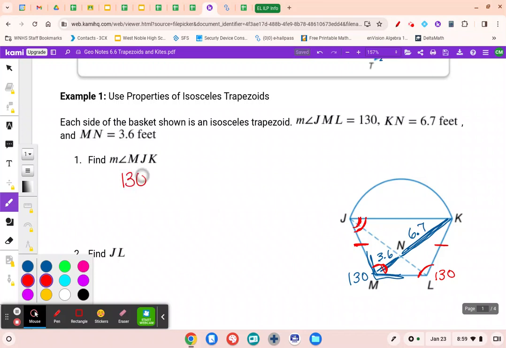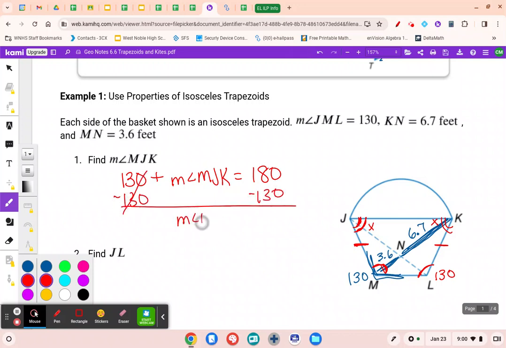Because this is still a four-sided shape, we know that the total degrees in this trapezoid is 360. So if you preferred, you could call both of these angles x, because they must also be the same, and say x plus 130 plus 130 equals 360. Or you can do this sort of shortcut here, and you can find the measure this way. I don't really mind which way you do it. Just keep in mind that there are a couple options.